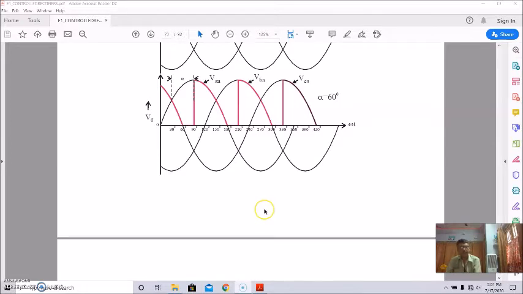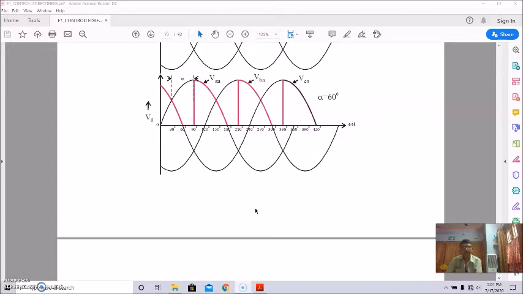So, in your power electronics and drive class, we have started three-phase converters, AC to DC converters. Though we are supposed to discuss three-phase full-wave converters, to start with, we discussed why three-phase converters, what their advantage is, where they are applicable, and their advantage over single-phase converters.